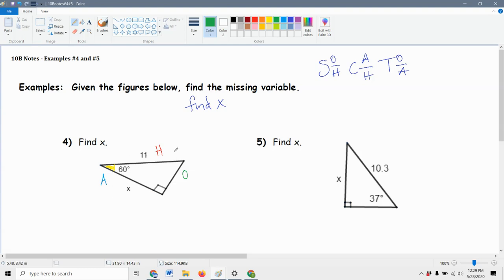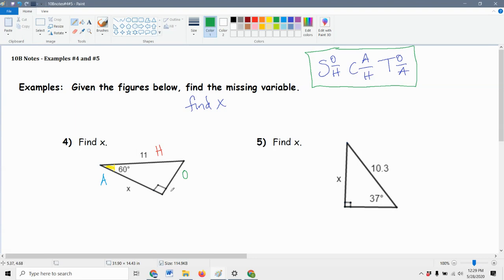have the measure of the hypotenuse, and the side we're interested in is the adjacent side. So let's go ahead and go up to our trig identities and ask ourselves which trig identity is only dealing with the hypotenuse and the adjacent side. And you can see that both sine and tan also deal with the opposite side, which we are not going to use.